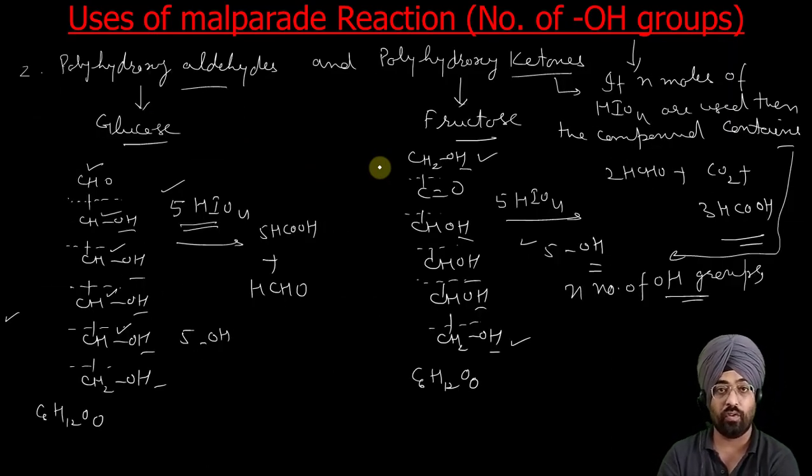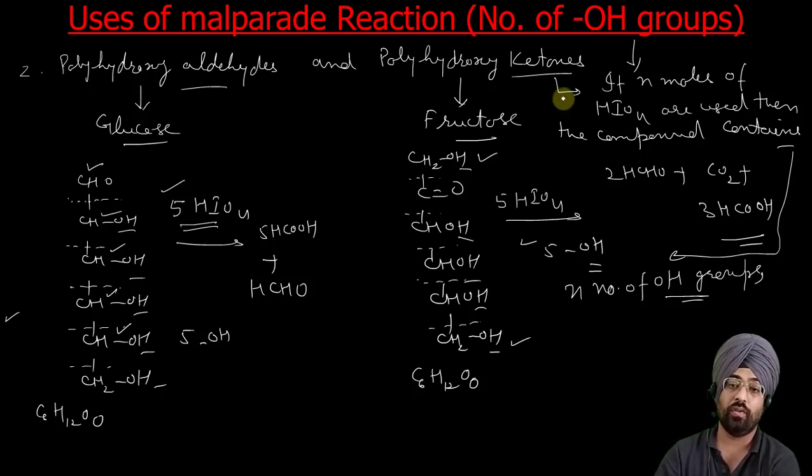If the compound is only polyhydroxy and n moles of HIO4 are used, then the compound will contain n plus 1 OH groups. If it is a polyhydroxy aldehyde or polyhydroxy ketone, then if n moles of HIO4 are used, it will contain n number of OH groups. That is how you can use this reaction to determine the number of OH groups.